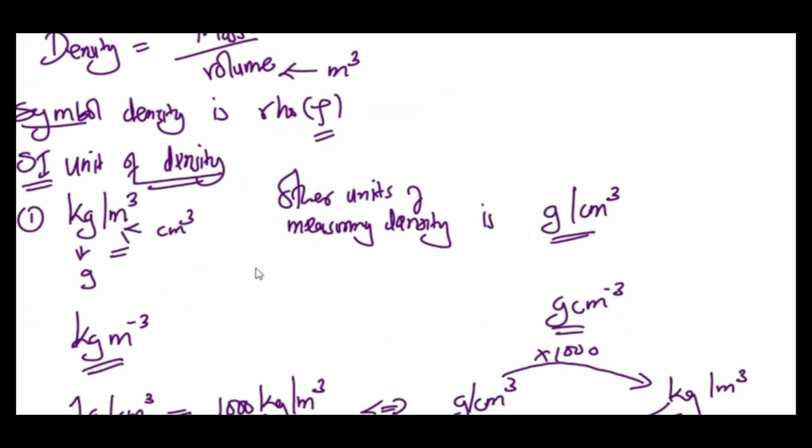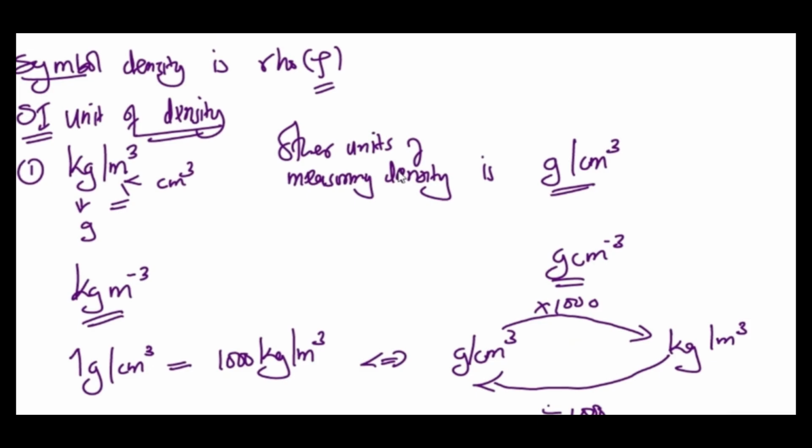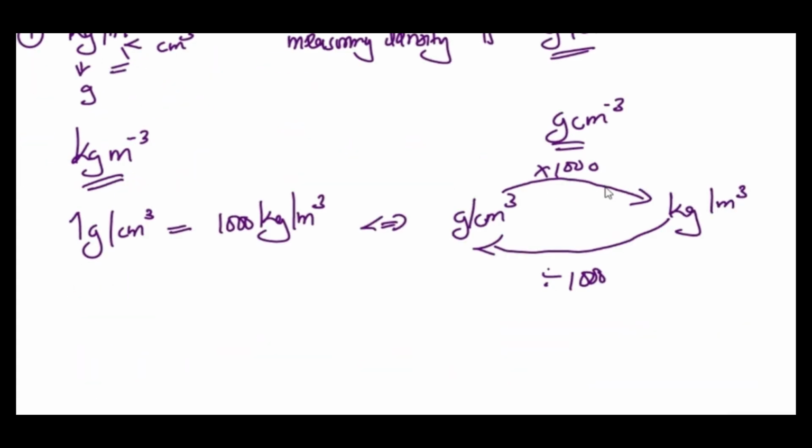Then we have a way of converting: 1 gram per cubic centimeter is the same as 1,000 kilograms per cubic meter.